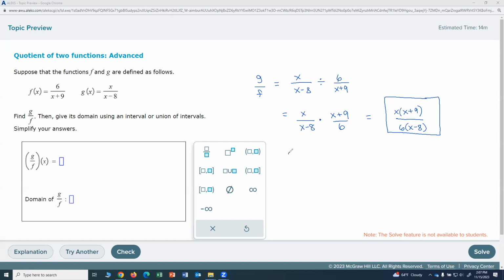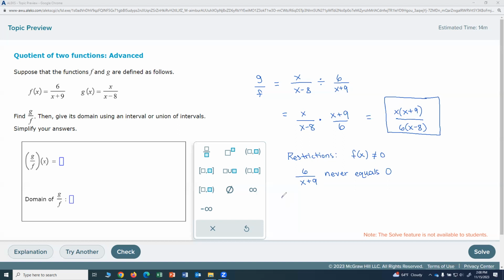So the restrictions on the domain are that the denominator, f of x, because I'm doing g over f, cannot equal 0, but 6 over x plus 9 is never 0. So there's actually no restriction from that part. The other restriction is that both functions have to be defined.